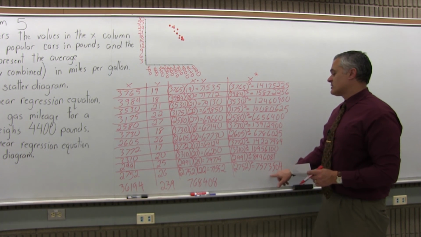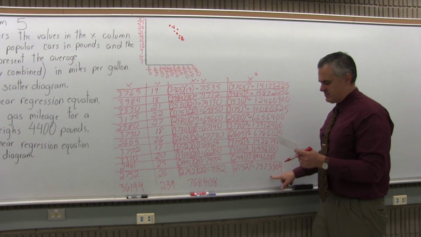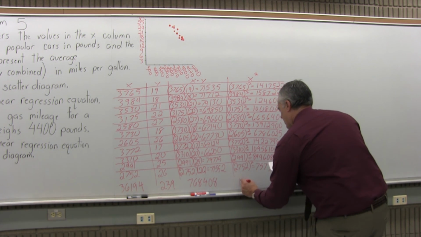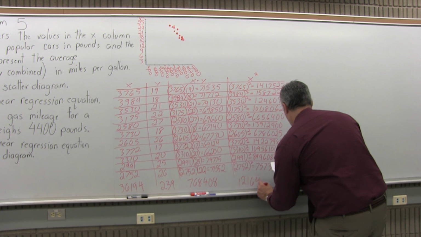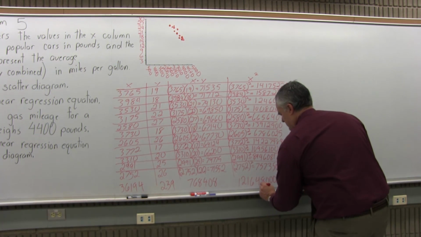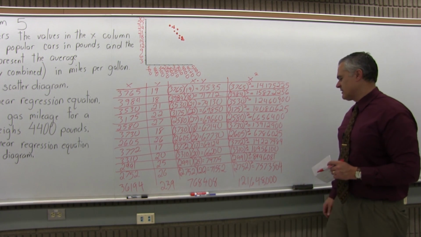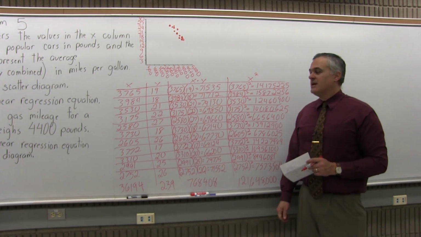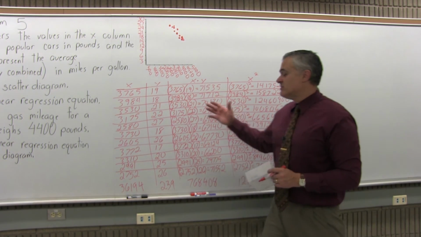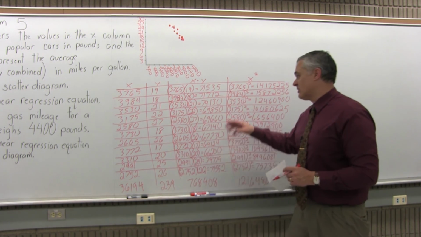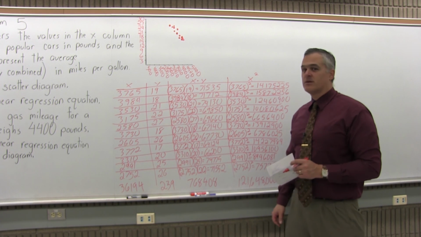And then the last one, the X squared, is a really big number. It's going to be 121,648,000. So that's step two. Step two is get a total for each column. So you totaled it up. Again, this would be a good amount of work.